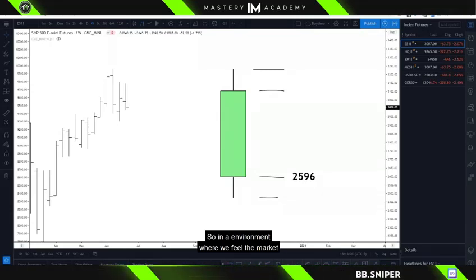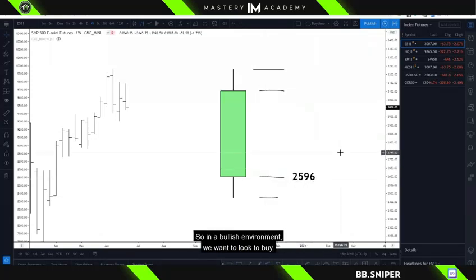So in an environment where we feel the market should go higher, right, for whatever reason, there could have been a divergence, there could be a whole number, there could be a whole realm of possibilities. Okay, but let's just assume that we're already in that stage where we're assuming that this day is going to be bullish. All right, we want to note the opening price, which for this hypothetical is $25.96.